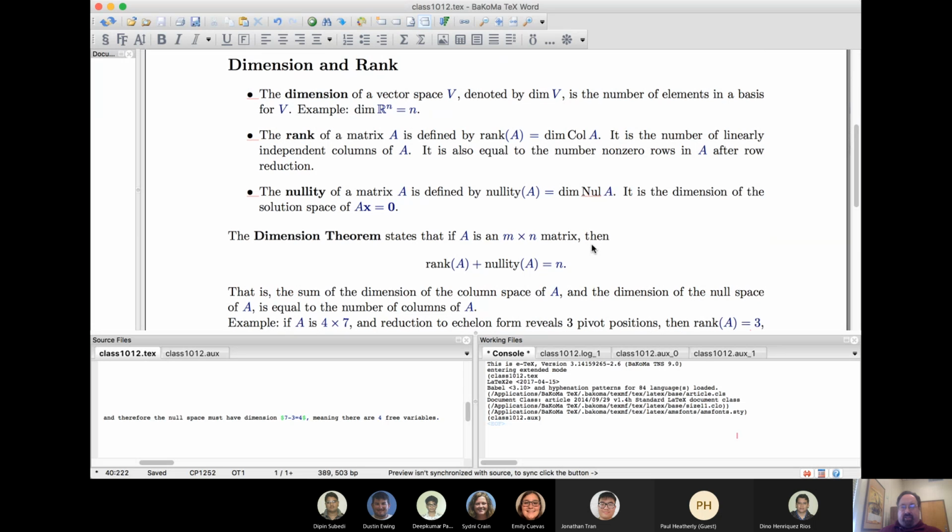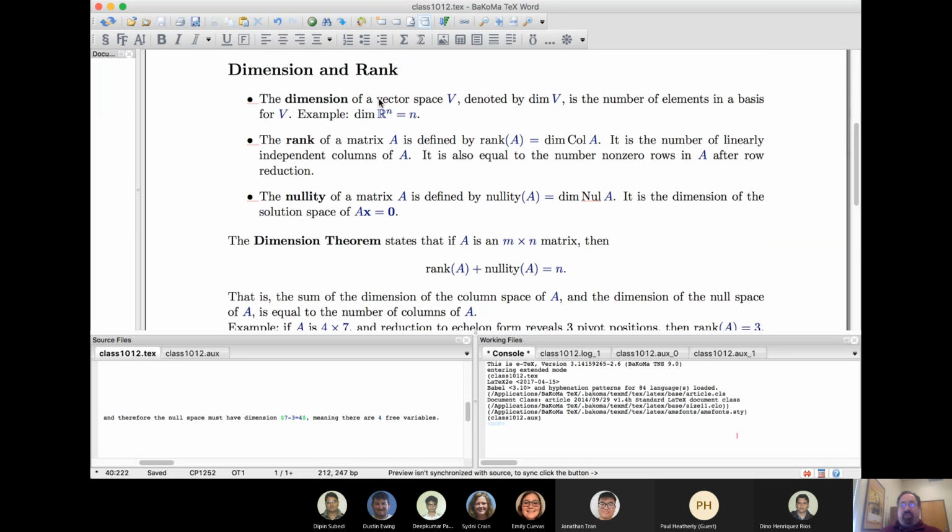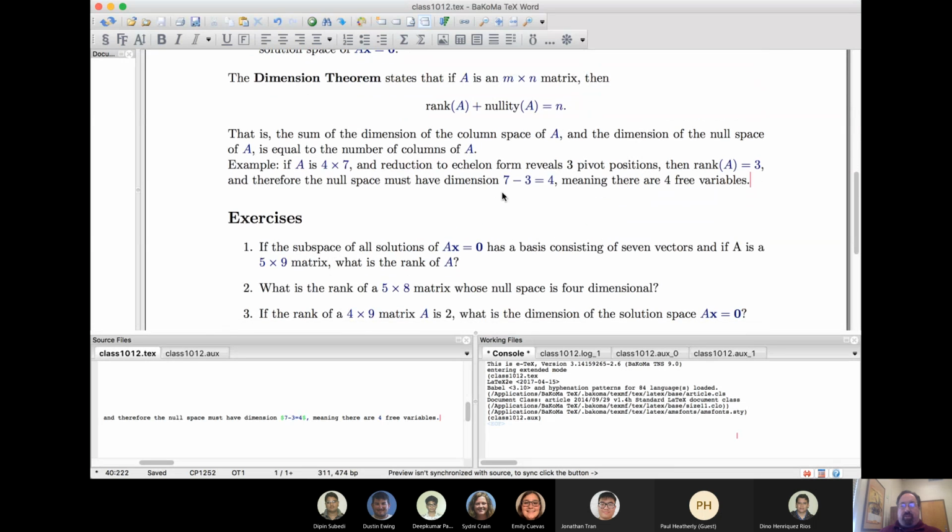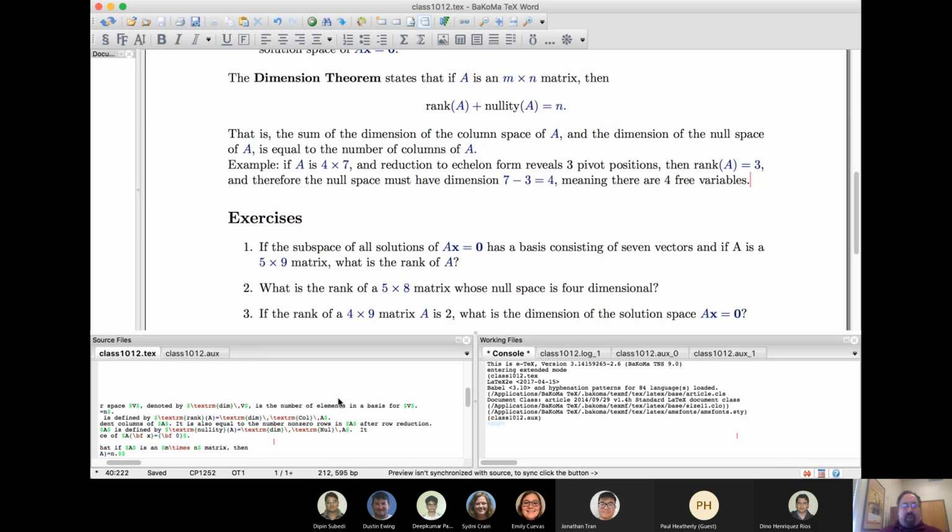So the definition of dimension that's given here, and also the definition of a null space. All of these concepts, definition of dimension, definition of null space, dimension theorem, come together in this question. So who could tell me, given this information about the matrix, what would the rank be?